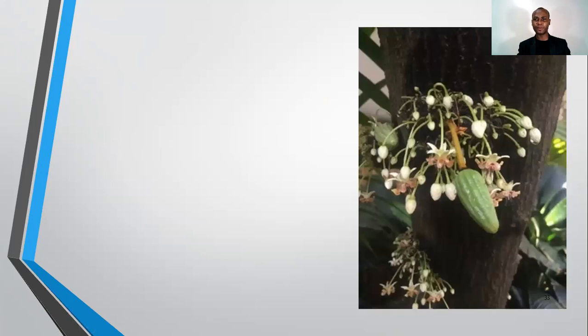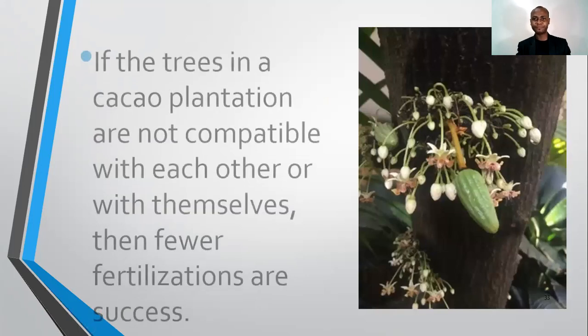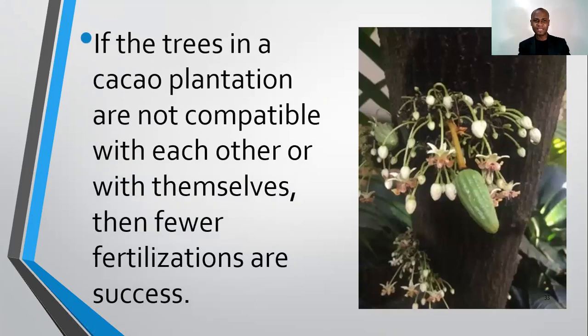If the trees in the cacao plantation are not compatible with each other, or with themselves, then fewer fertilizations are going to happen.